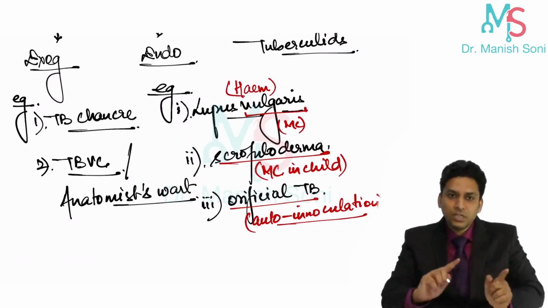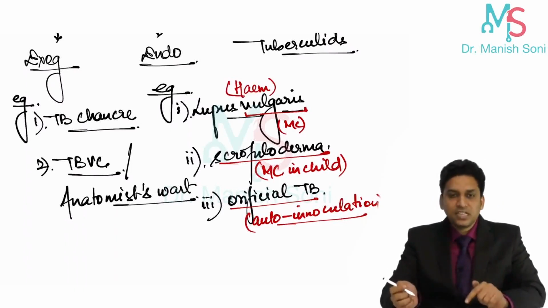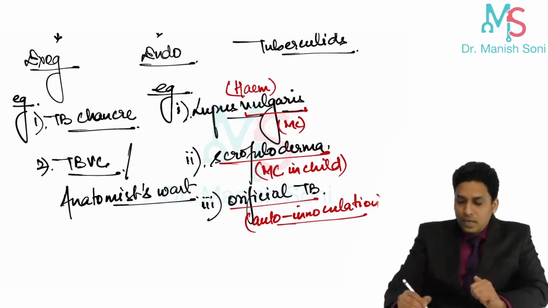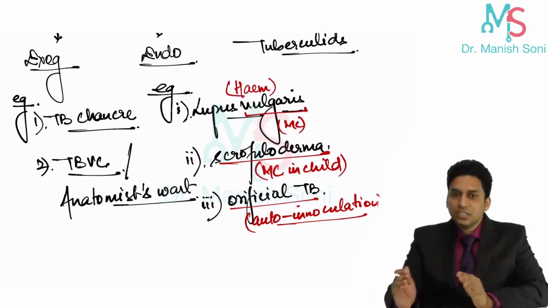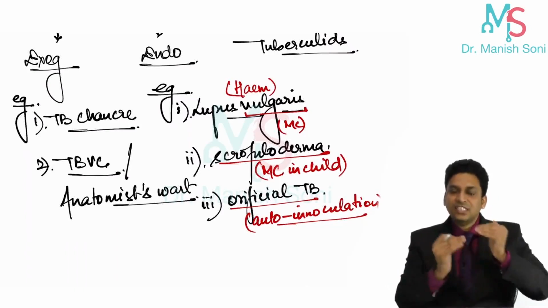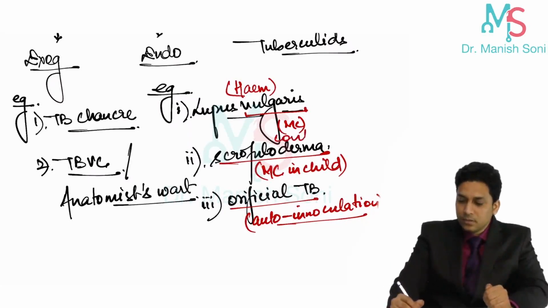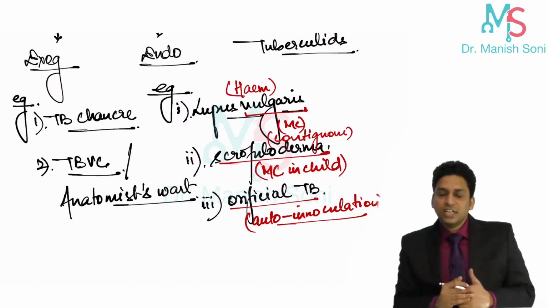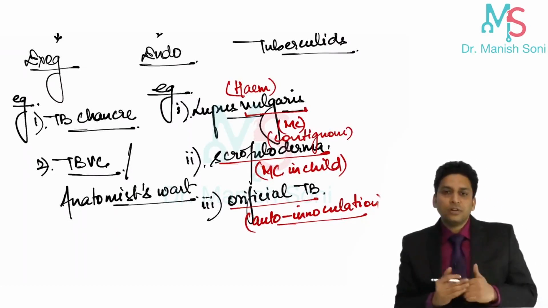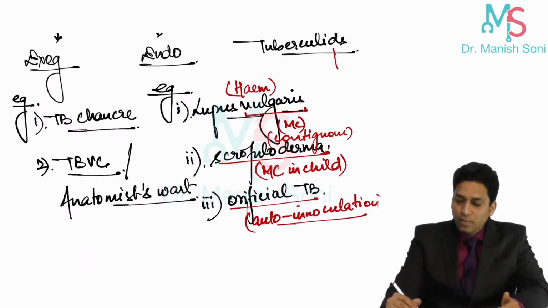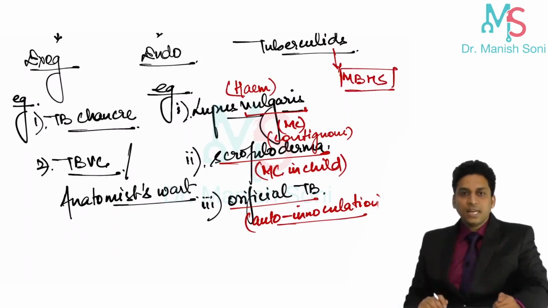Scrofuloderma is contiguous in spread: if there is a lymph node and then the skin involvement occurs, then this is scrofuloderma. So, hematogenous spread in lupus vulgaris, contiguous spread in scrofuloderma, and auto-inoculation in orificial tuberculosis, while tuberculids are due to mycobacterial hypersensitivity.